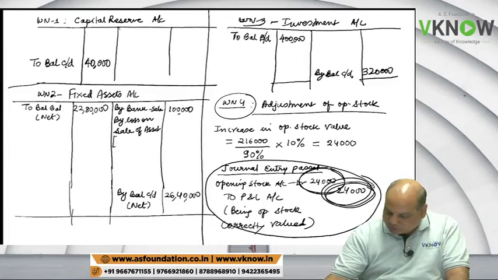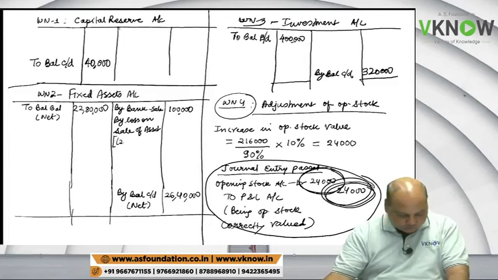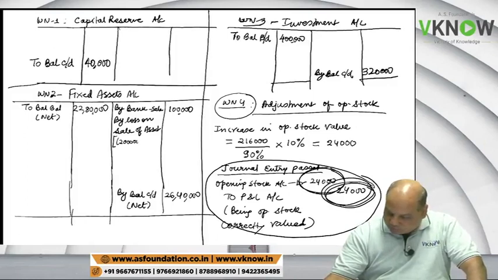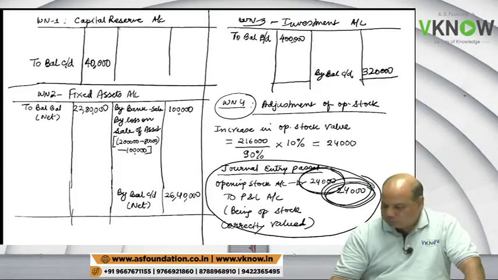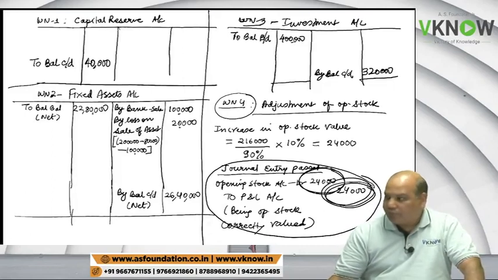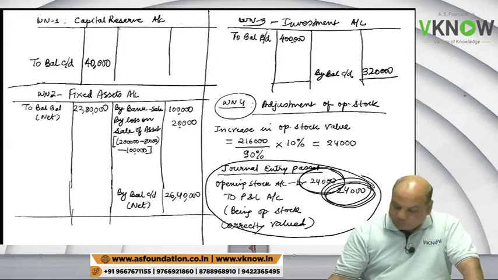First you open a big bracket. Under that you write down 2 lakh minus 80,000, that was WDV, and minus 1 lakh, that is sale value. So you will get 20,000 here. So this is my adjustment number A.